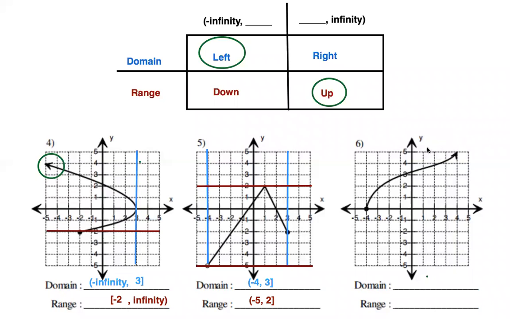Question 6. Our arrow is pointing up, but to the right. So both positive infinities. The left section of the graph goes through -4 and a closed circle, so a bracket.